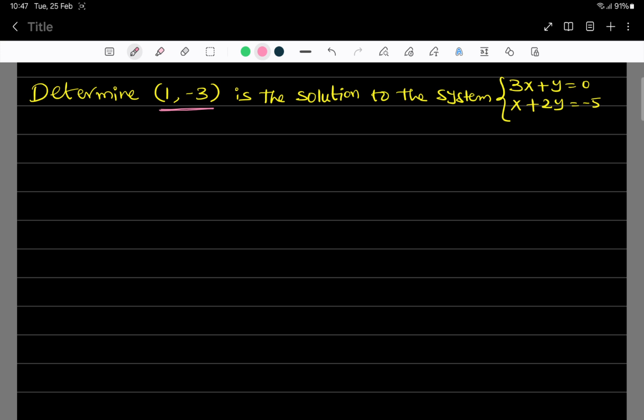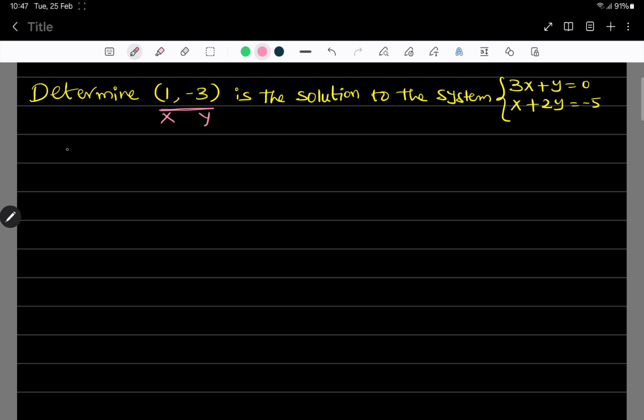How to verify? The given point is 1, minus 3, so the first value is x and the second is y, because the given equations are in two variables x and y.